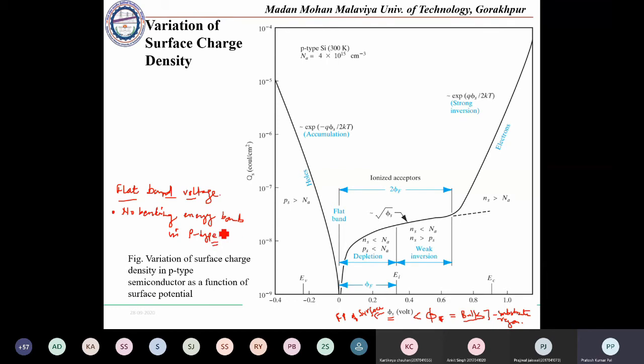Whatever gate voltage we have applied at that time, there will be no bending of energy bands. At the time of the flat band condition, phi of s should be equal to 0.